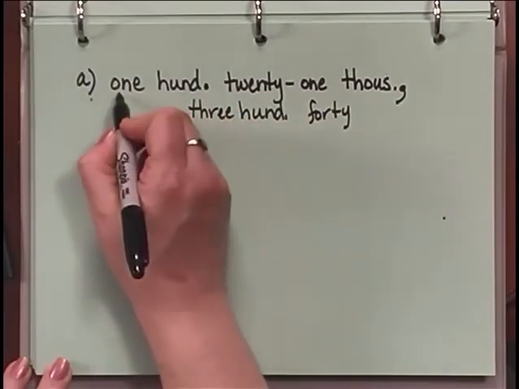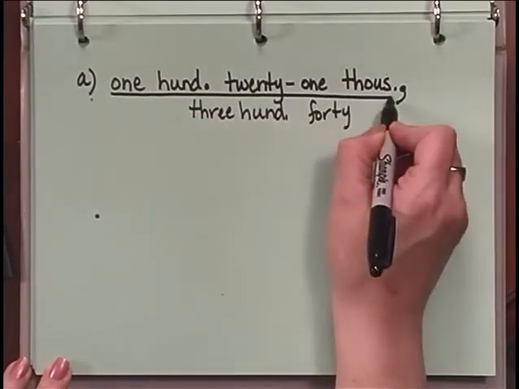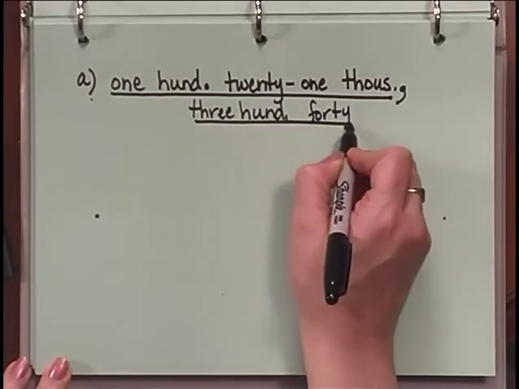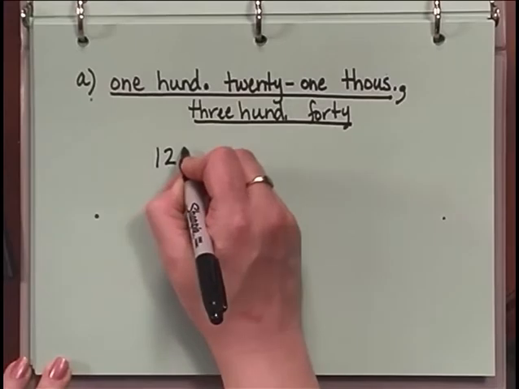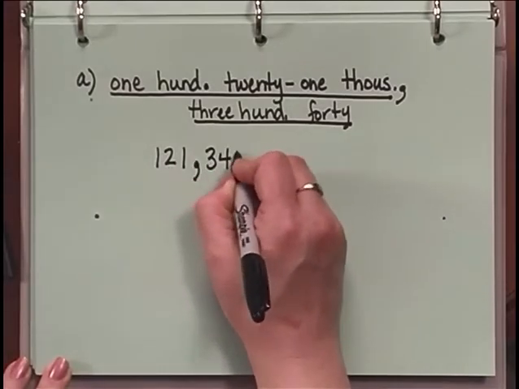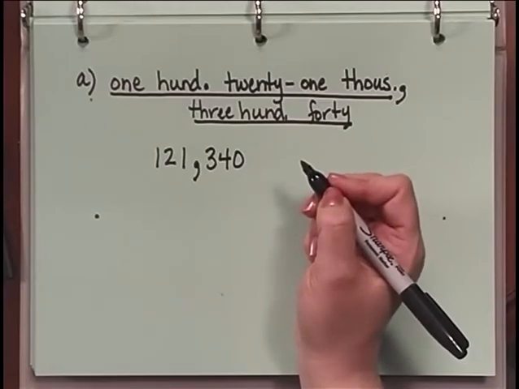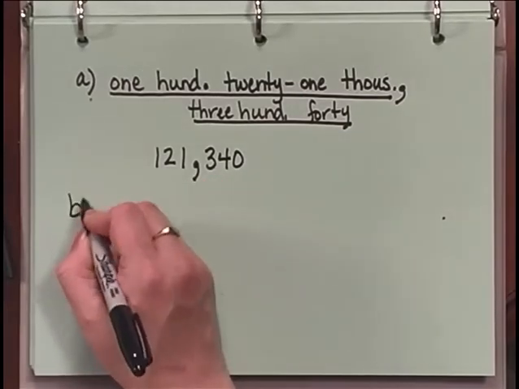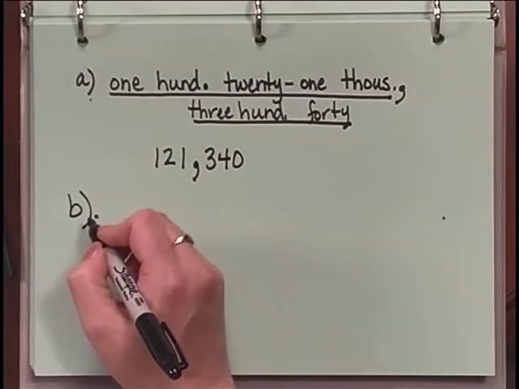Okay, so 121,000, 340. So we're going to write 121, then 340. 121,340.